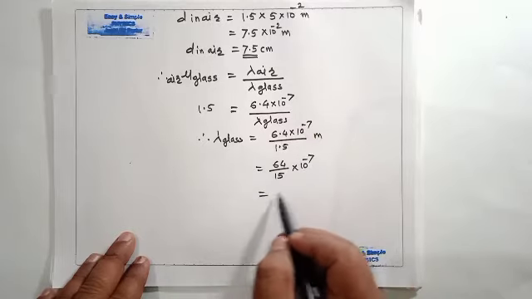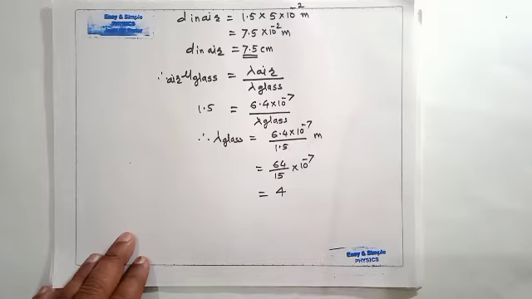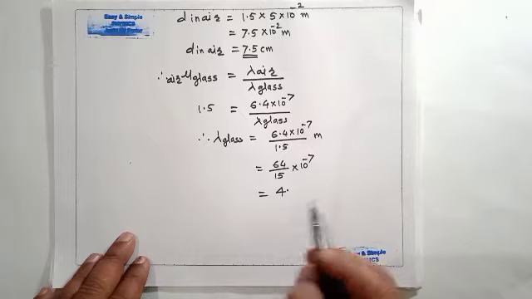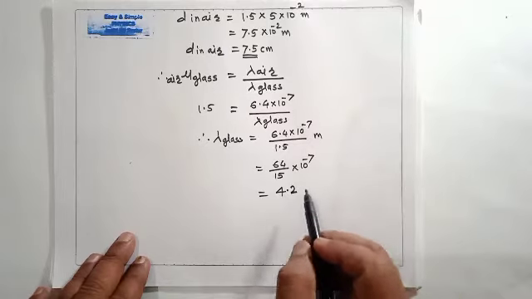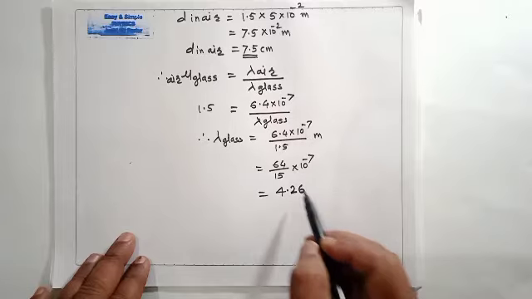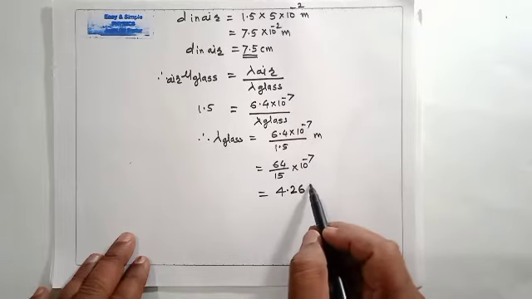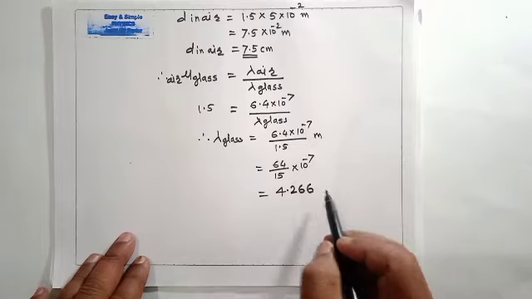If we divide 64 by 15: 15 into 4 is 60, 4 is remaining, 40. 15 into 2 is 30, 10 is remaining. 15 into 6 is 90, 10 is remaining.